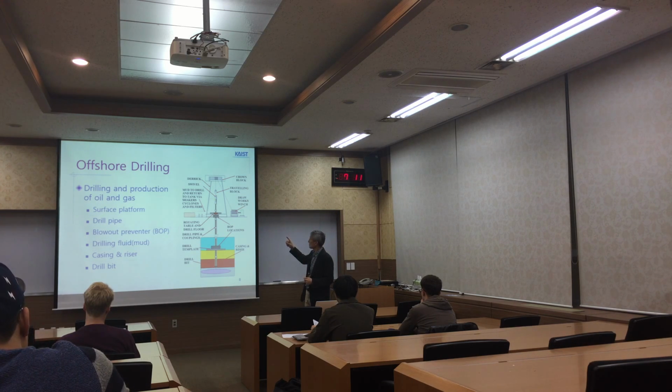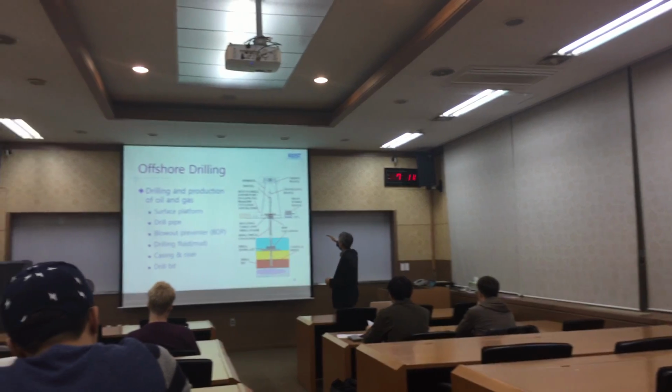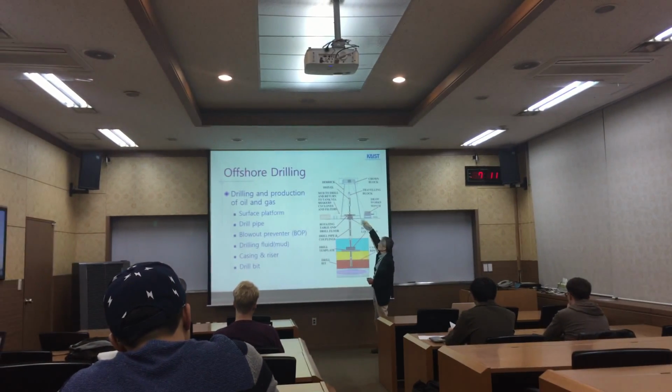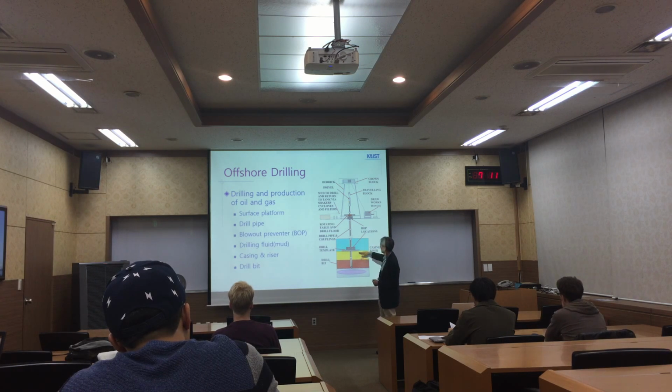So there is a surface platform structure above the water, and drill pipes, and blowout preventer. BOP is here, right? BOP location. Two sides. One is at the well side, the sea bottom side, where the water and land are meeting.